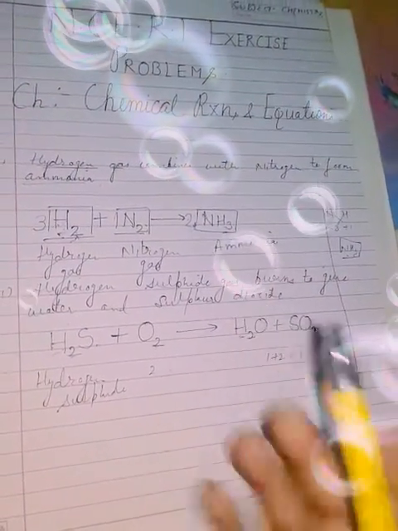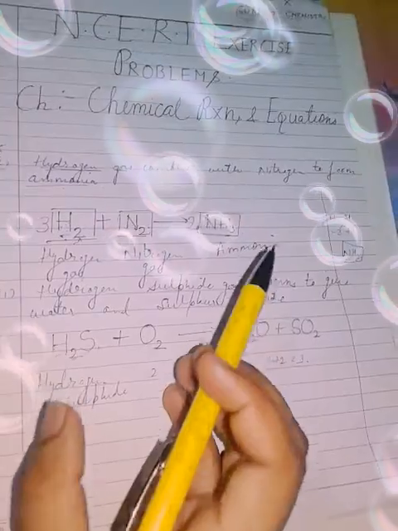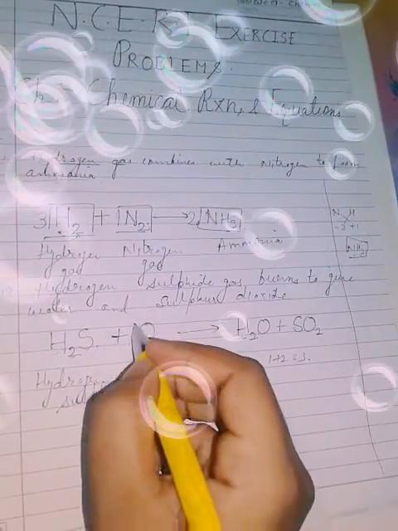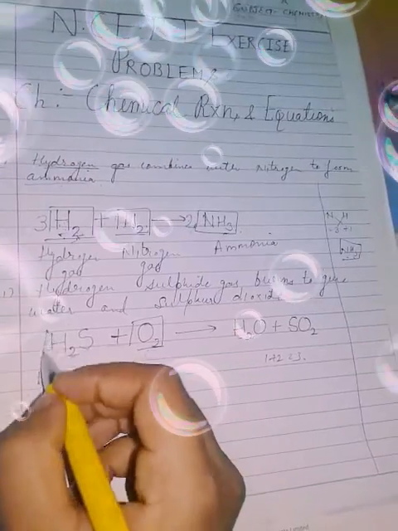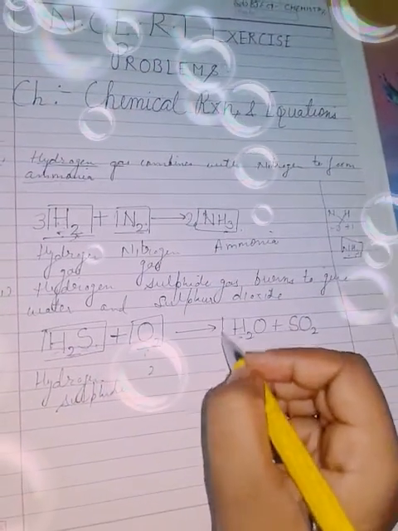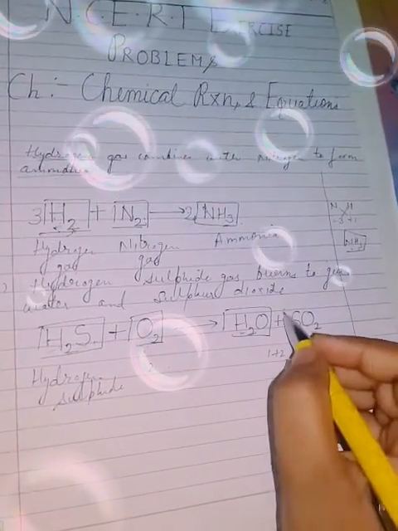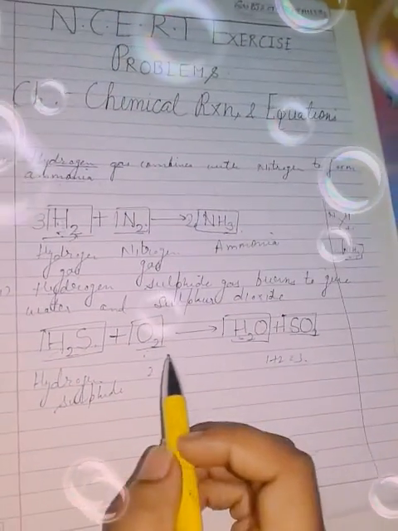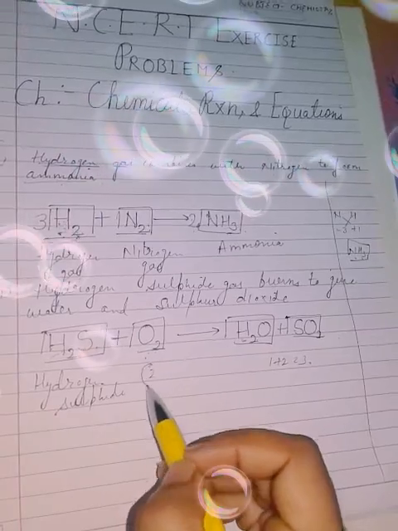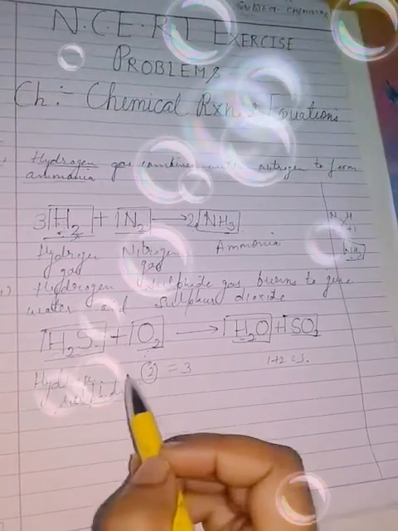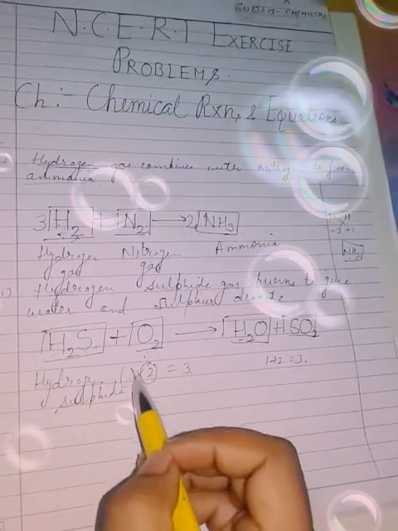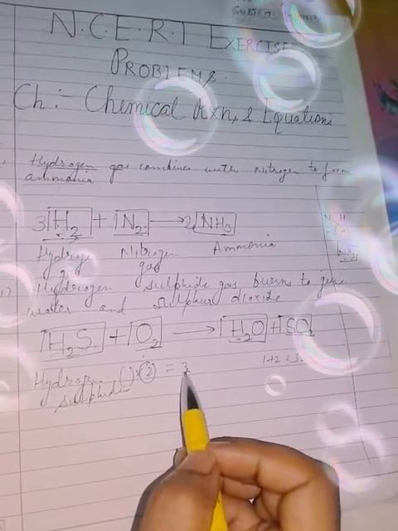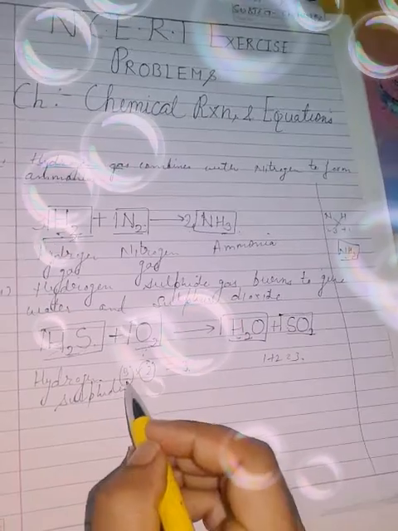Now the side which has the lesser number of oxygen atoms, some coefficient is to be added in front of this oxygen in order to balance it. Before balancing I have drawn the boxes. Now see, I have to make this 2 equal to 3. What coefficient should I multiply here so that I get 3? Obviously that coefficient is going to be 3 upon 2.